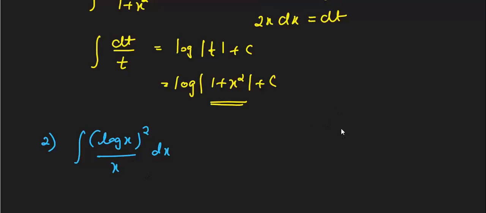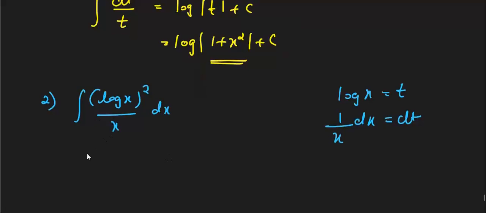Okay. So now you have log term. So take log x equal to t. Differentiate this. Derivative of log x is 1 by x dx equal to dt. So if we consider dx by x as dt, the function can be converted to the form now integral, see, log x is t, this becomes t square, and this dx by x is considered to be dt.